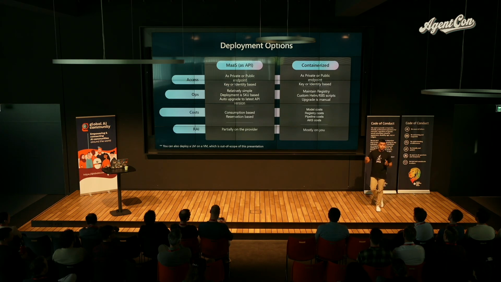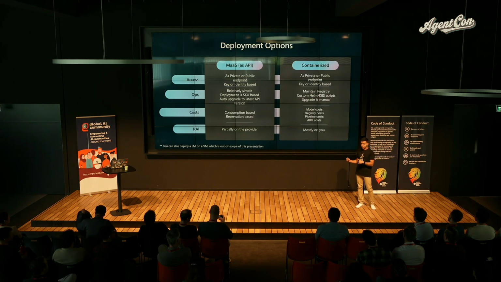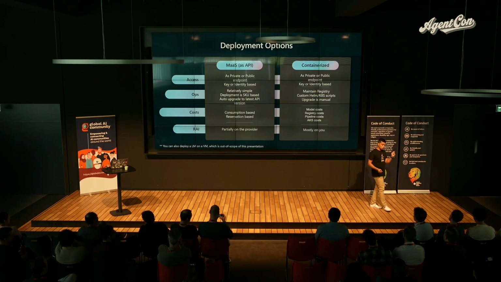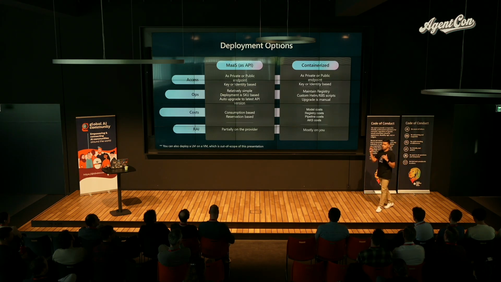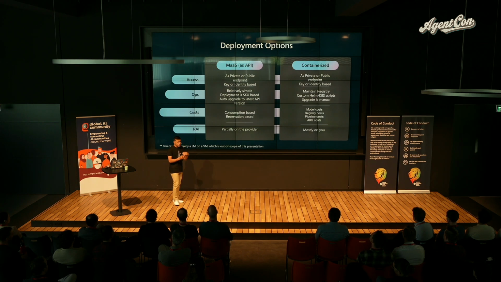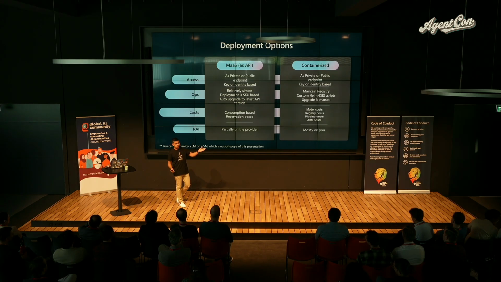You want to run it on your own infra, where you have control over the scalability, latency, tokens per request, tokens per minute, to be honest. And then you can think about how you are going to scale up and scale down depending on the requests and information that comes in, which is a relatively more complex path, to be honest, because you need to maintain a registry, you need to maintain the Helm or the Kubernetes scripts, which you're going to use to deploy the model.